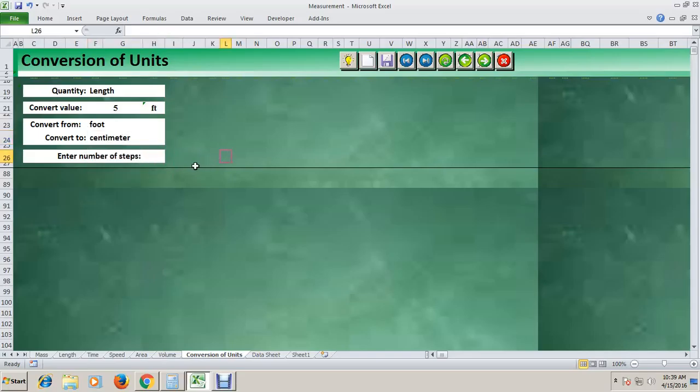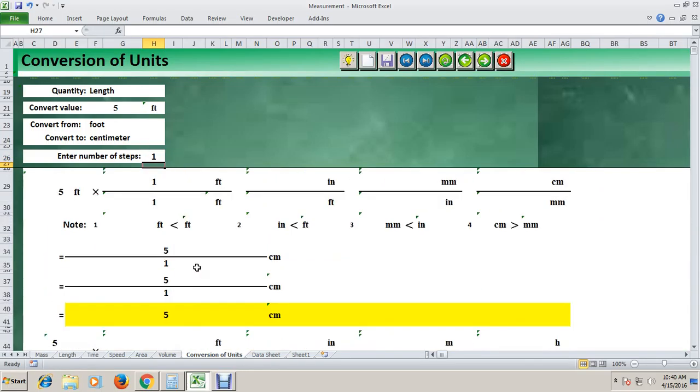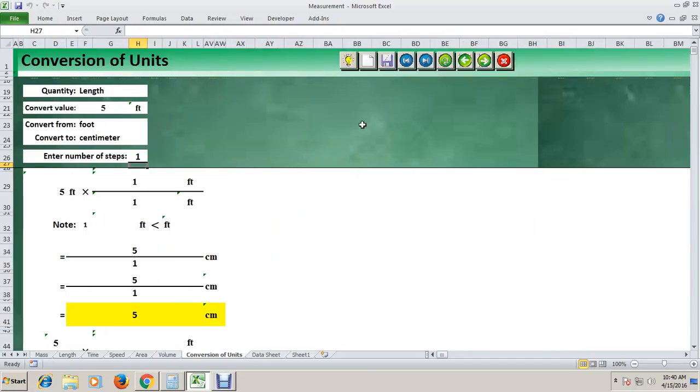There is a technique in the conversion factor wherein you need to specify the number of steps in order to perform the conversion. You could actually have a single step conversion for converting the number of feet directly to the number of centimeters, on the condition that you know the direct conversion between foot and centimeters.